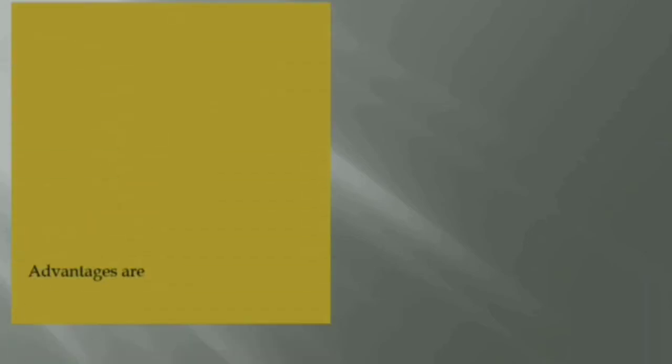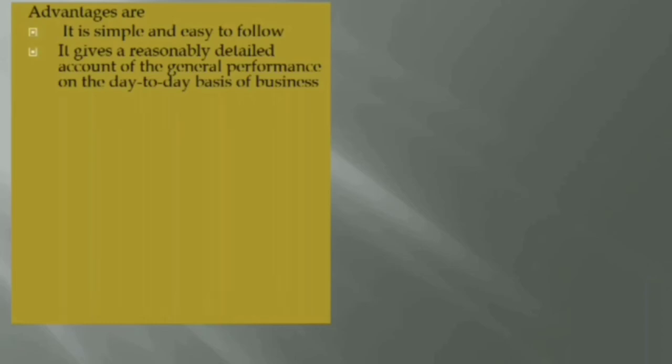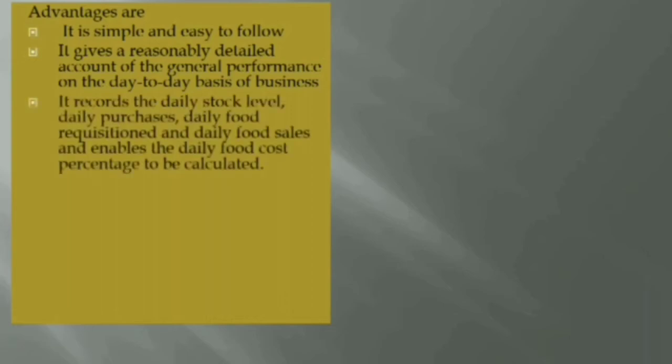The advantages and disadvantages of the daily food cost report shall be discussed in this slide. The advantages are: it is simple and easy to follow. It gives a reasonably detailed account of the general performance on the day-to-day basis of business.